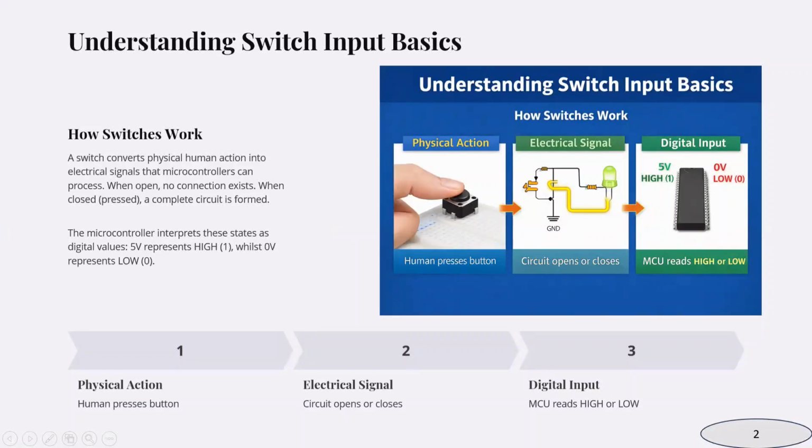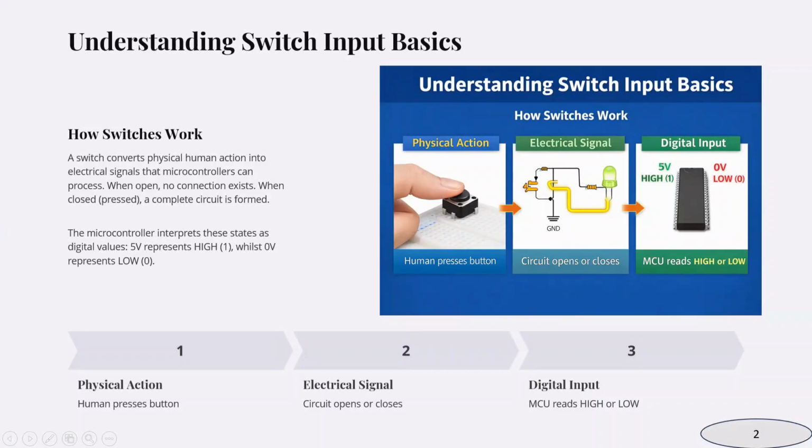A switch is a device that connects or disconnects a circuit. Or we can say a switch converts physical human action into electrical signals that a microcontroller can process. When the switch is open, no connection exists. That is, the current won't flow.